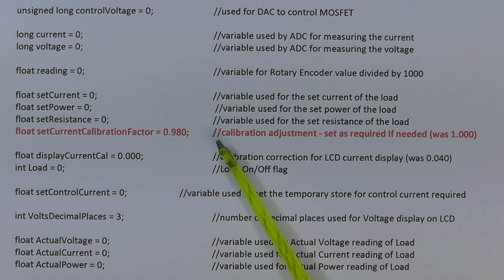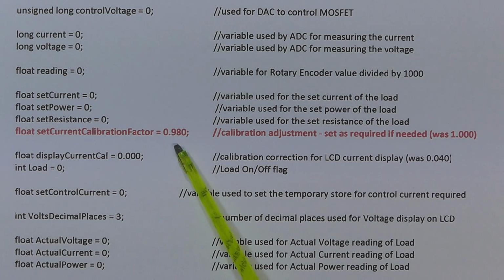So the effective resistance of the current sense is going to be slightly higher than the 0.1 that R17 is. And that's taken account of with this factor here. So that seems to work quite well. It's also a factor that you can play with yourself. So if you find your DC load is not quite right, you can adjust that current calibration factor slightly up or down.